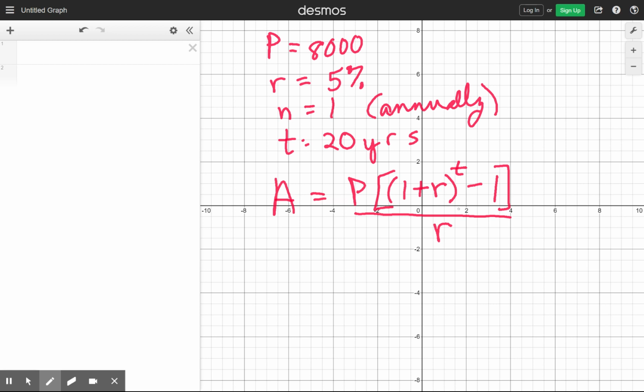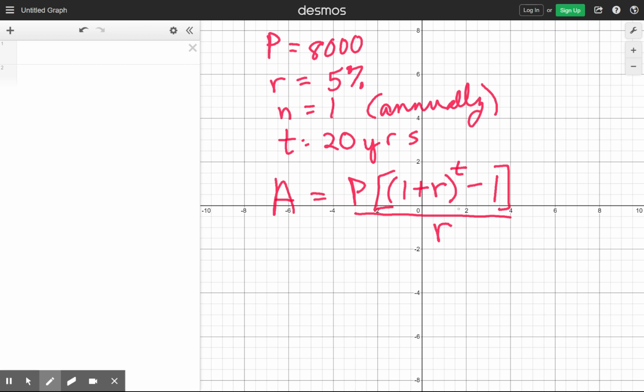Now, I want to point out that if it were compounding monthly or quarterly, something other than annually, this formula is going to be more complicated because you're going to have an N in your formula. But here, because you're just compounding annually, the N is 1.